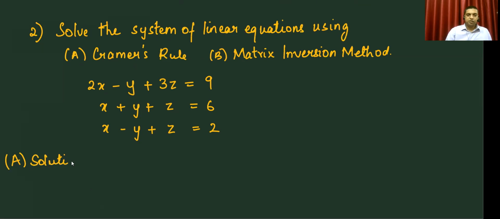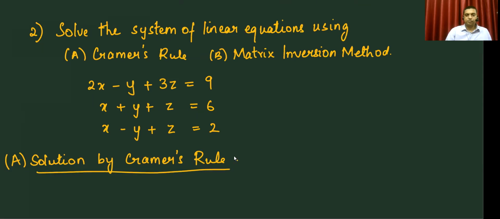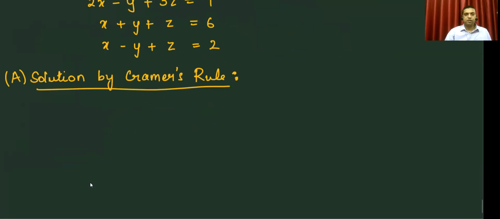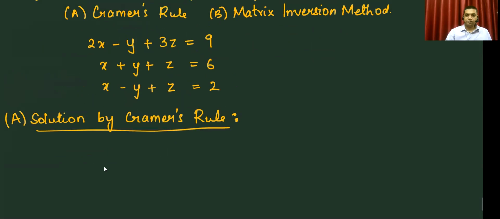So first part, solution by Cramer's rule. So delta is the determinant.